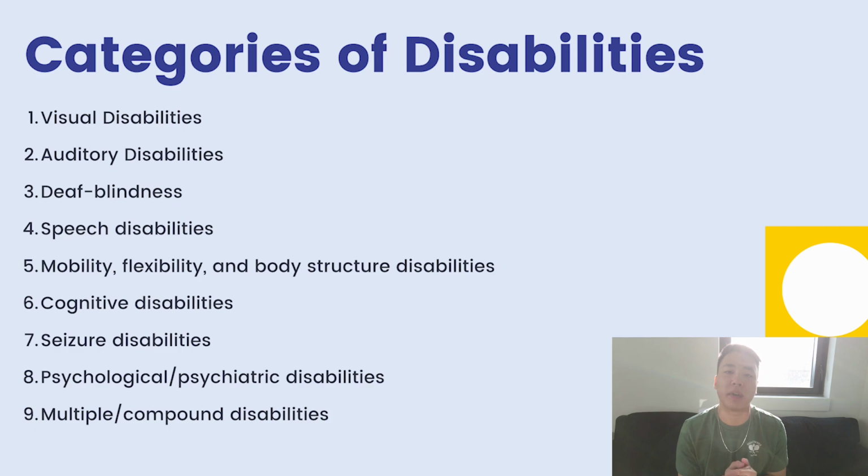And this really provides an equal playing field or tries to make the world a little more equitable, so that people who have disabilities can participate in society the same way that people who don't have disabilities are able to. So with that, let's dive into the different categories of disabilities and their corresponding assistive technologies or adaptive strategies.